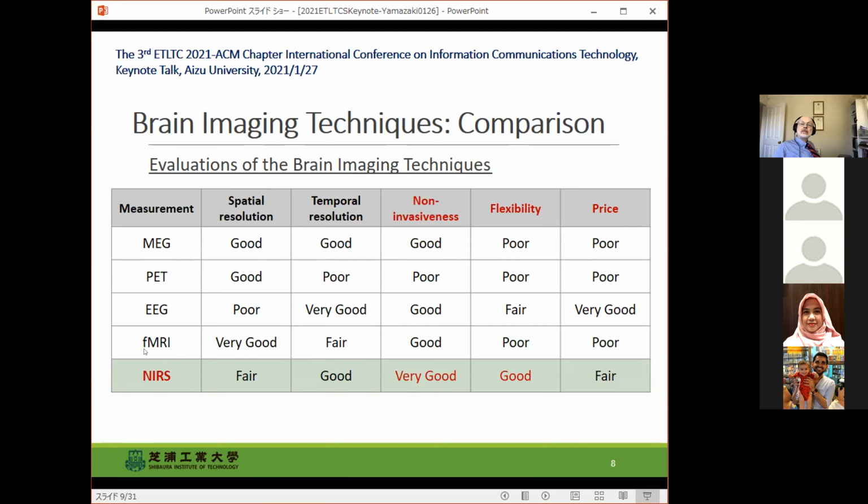But functional MRI doesn't have good flexibility because it's a huge machine, you need somebody to operate that machine, and it's also expensive. I'd like to talk about the problem of EEG a little bit later, but it is good and cheap, but doesn't have good spatial resolution.